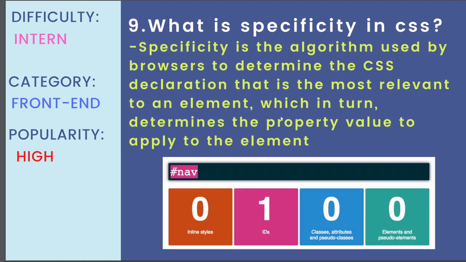I have googled the answer that I'm giving you here, but I myself usually answered something like, well, if there is more than one CSS rule that points to the same HTML element, the one with higher specificity will be applied. But if you want, you can remember one of these definitions that you can find on MDN or so on.